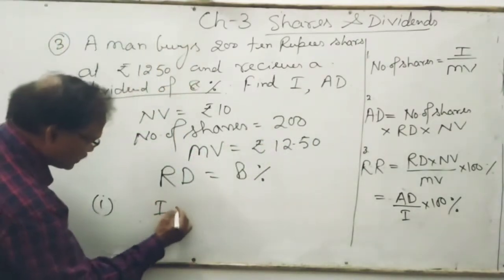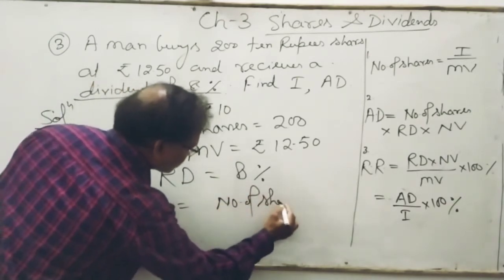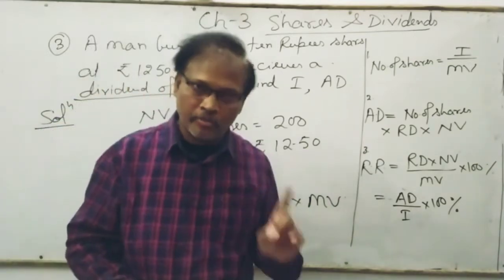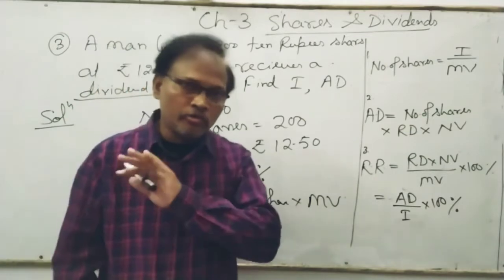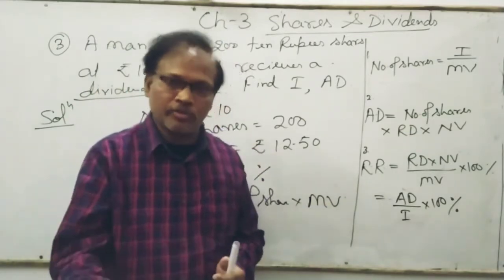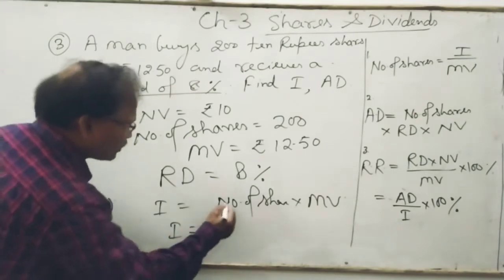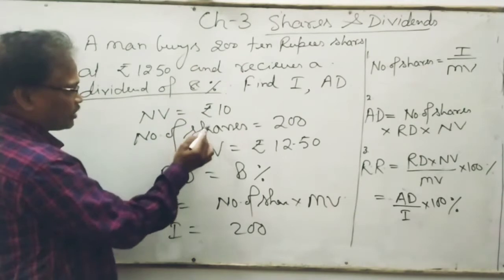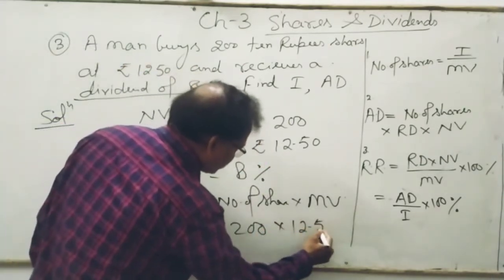So investment is equal to number of shares into market value, and write the formula. That is very essential. When you write the formula, then no need to learn, क्योंकि अपने आप वो learn हो जाएगा. So in that case, I is equal to number of shares, that is 200, into market value, that is 12.50.